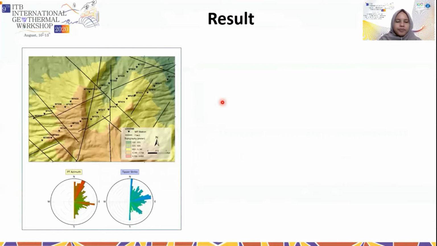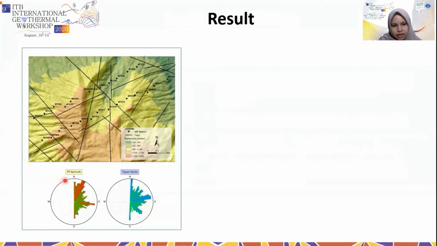We analyze the phase tensor and TOR strike formulated in Python, and the result of phase tensor and TOR strike are plotted to a rose diagram to know the dominant geoelectrical strike of the area. And we use the information from the geological structure to confirm the result from the phase tensor and TOR strike.